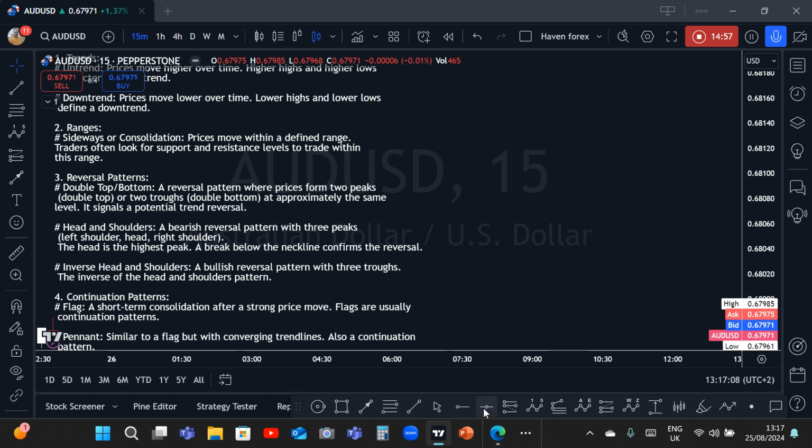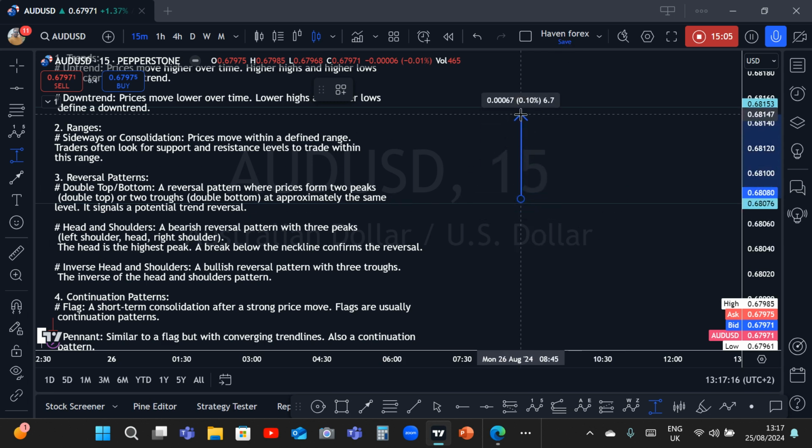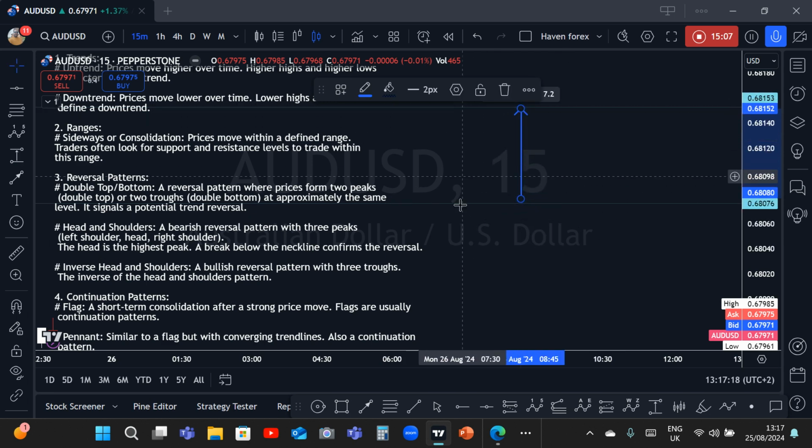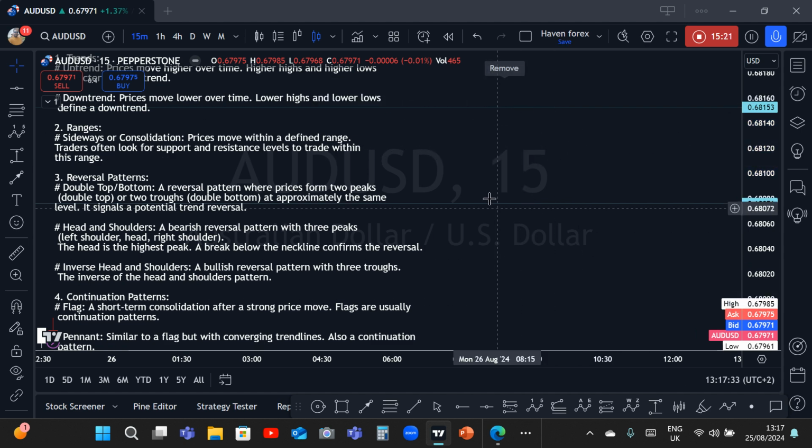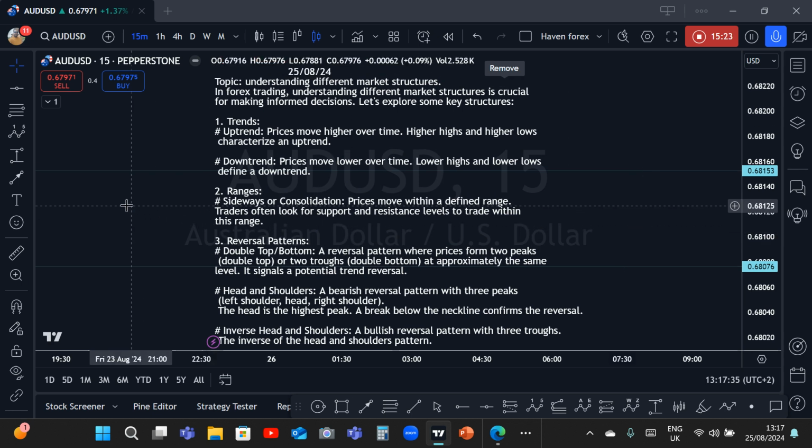Price will just be like this and like this, moving from here up, or down, up. So when you want to enter, enter from the top, take your profit at the bottom. Enter from the bottom, take your profit at the upper side. Don't ever enter from the middle. So that is how it is, guys.